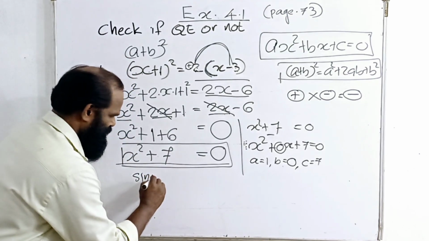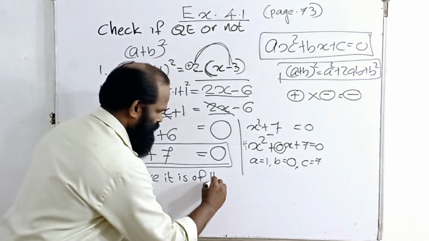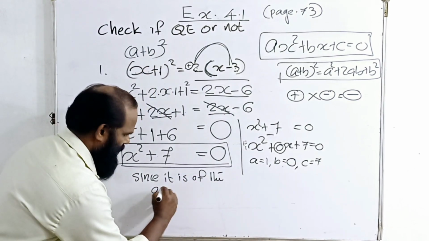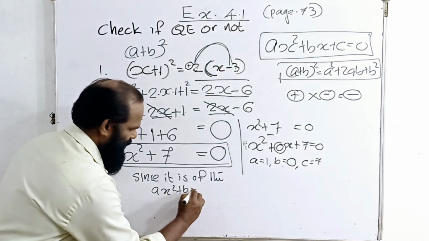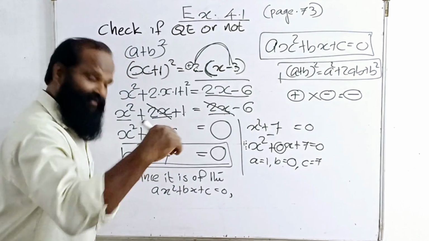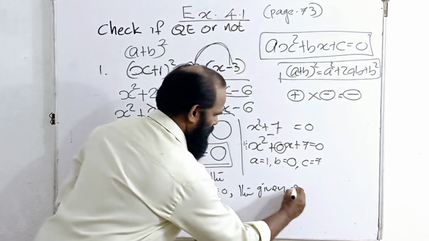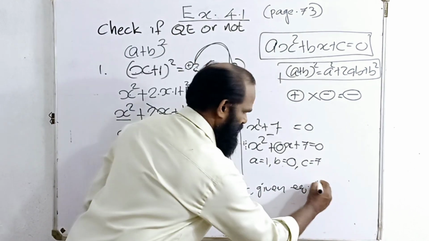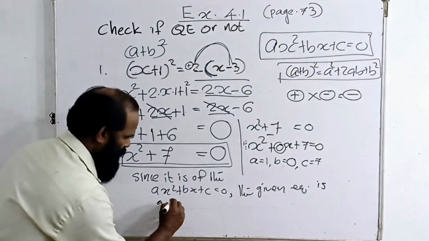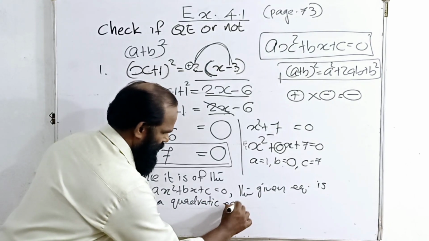Since it is of the form ax square plus bx plus c is equal to 0, the given equation is a quadratic equation.